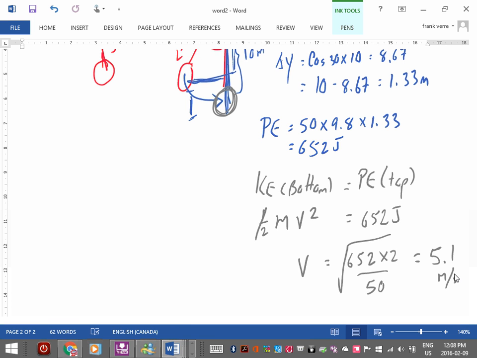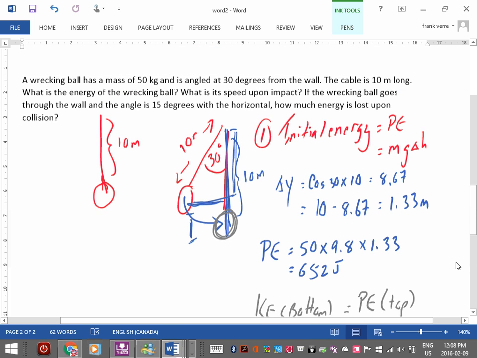Now there is a follow-up question. If the wrecking ball goes through the wall, imagine it has enough energy to push right through this wall. What ends up happening is it makes an angle on the other side, which is 15 degrees.